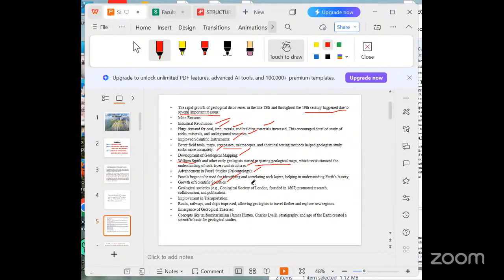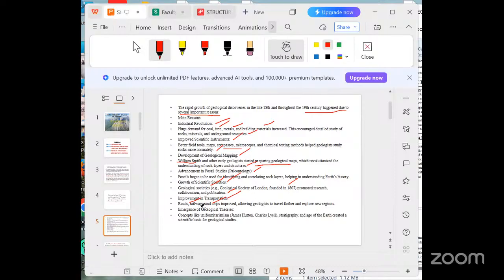Also, the growth of scientists and geological societies, such as the Geological Society of London, founded in 1807, promoted research, collaboration, and publication. Improvement in transportation, roads, railways, and ships allowed geologists to travel further and explore new regions. Also, the emergence of geological theories.